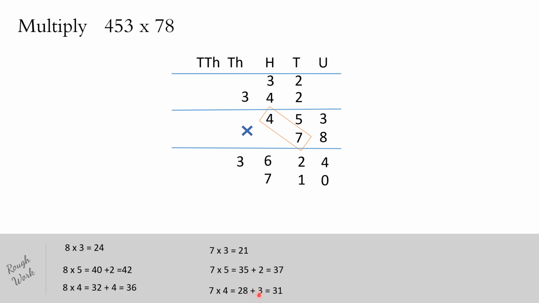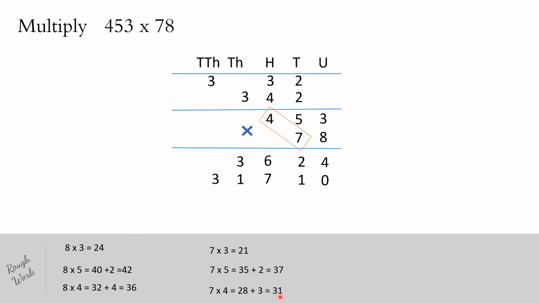So 28 plus 3, we got the answer 31. So we will write 1 at thousands place and carry 3 at 10,000 place. Now as there is no other digit to multiply, we will write this carry 3 down as it is.